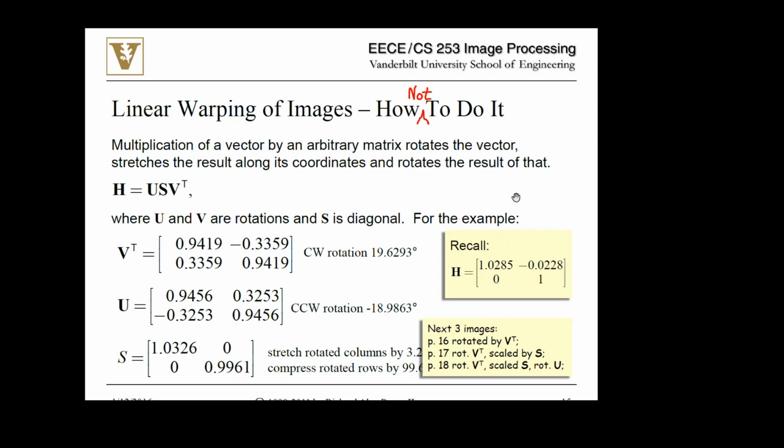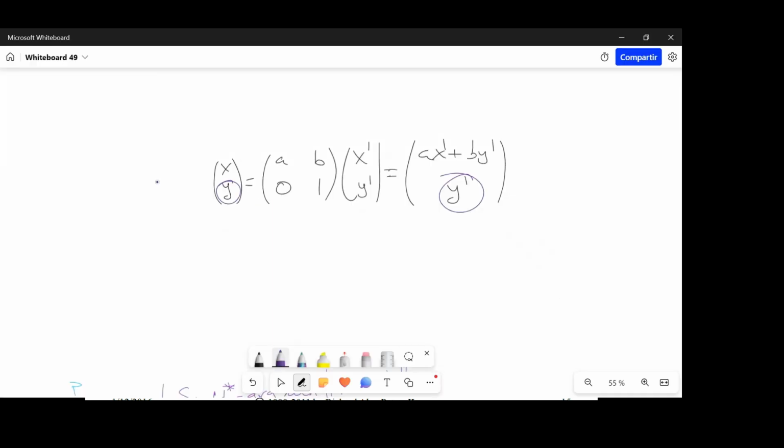And then this reasoning here is the following. Any matrix can be decomposed in this way. This is called the SVD decomposition of the matrix, the singular value decomposition. Have you ever seen SVD? Do you know what SVD is? Singular value decomposition. You know the eigenvalue decomposition.